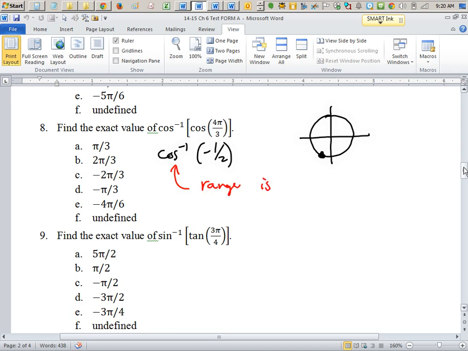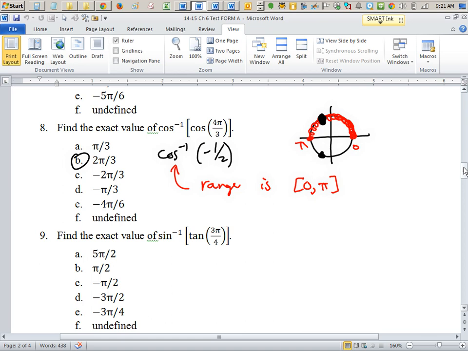So the range is, as we said a minute ago, 0 to pi. That means you're going to have to give me a different angle from this region that has the same cosine. So that would, of course, be the point directly above it. This also has cosine negative 1/2, just like the point below it. And so we're going to answer that one instead. So the answer is 2 pi over 3.